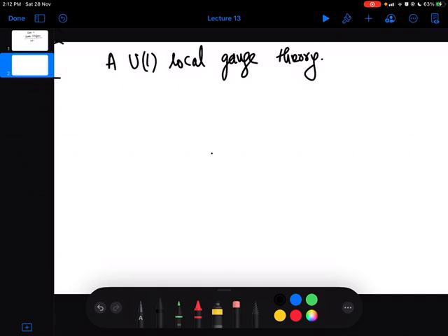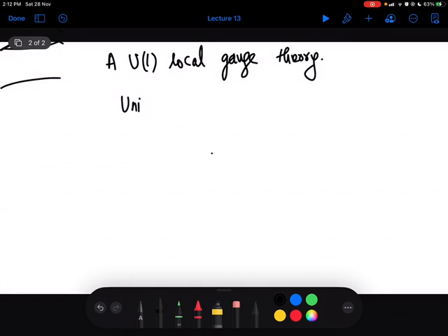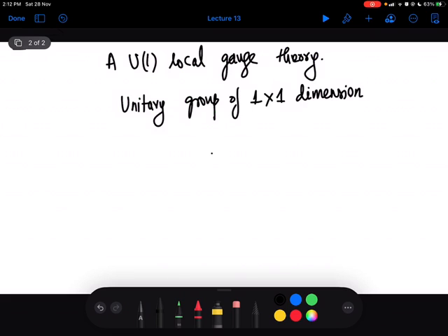It's a unitary group of 1 by 1 dimension, and we'll see higher dimensions in the coming lectures. So 1 by 1, it's just a unitary dimension, so it's essentially a complex number of phase, essentially a complex number of unit length.